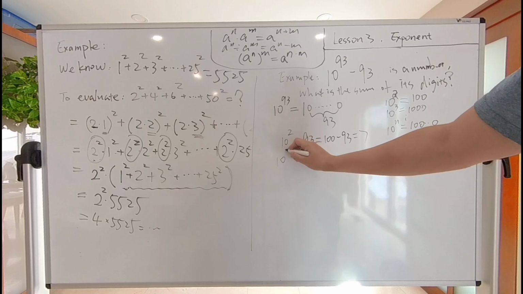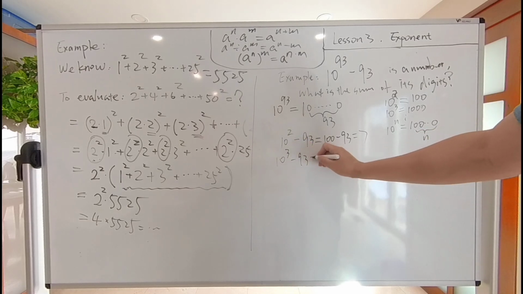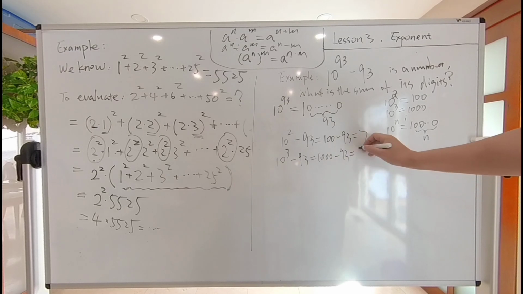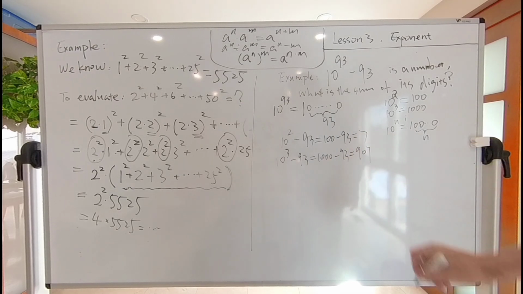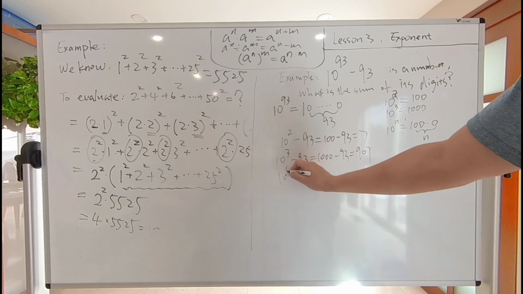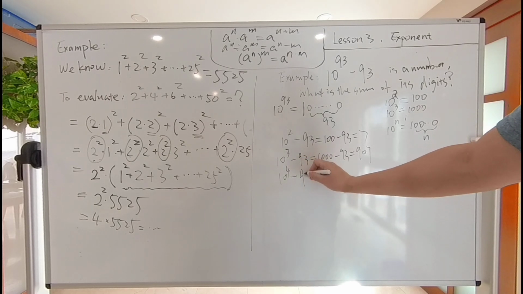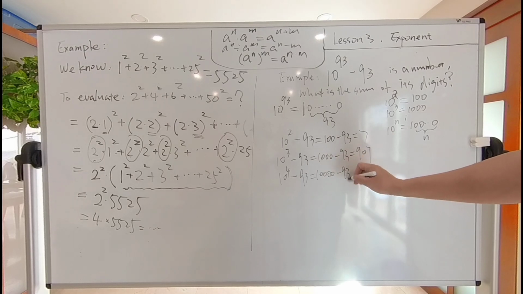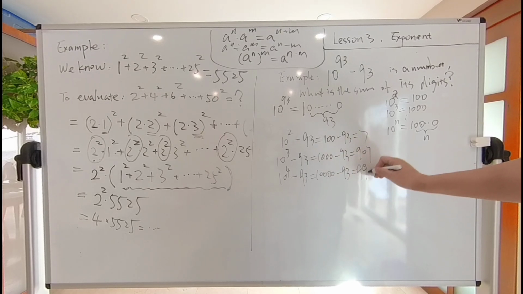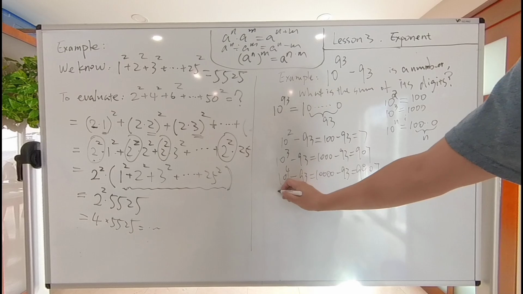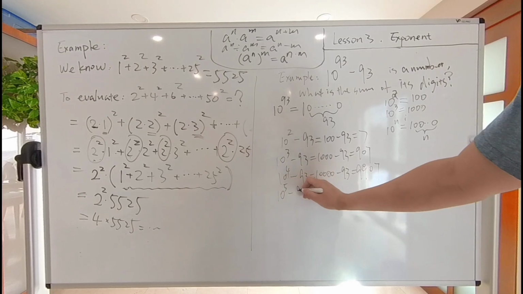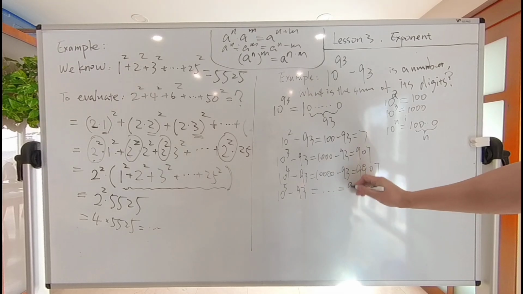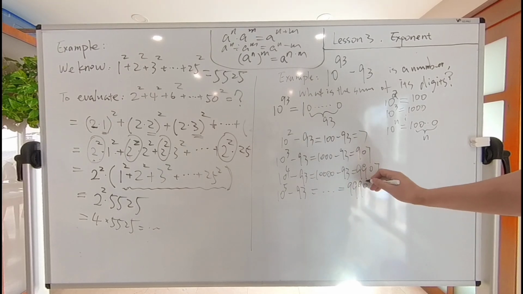If I have 10 cubed, this is 1000 minus 93, that is 907. And if I have fourth power of 10, I have 10,000 minus 93, I have 9907. And if I further expand to fifth power, skip the middle term, it will be 99907.